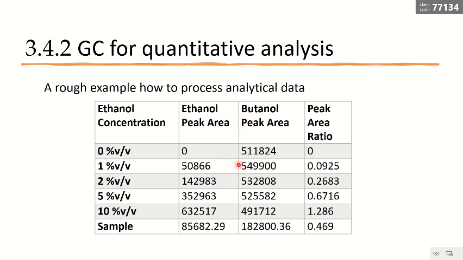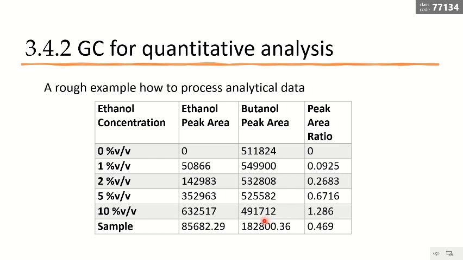With these values, I can use the ethanol one divided by the butanol one. That is the peak area ratio, right? So I can just calculate all of this peak ratio. This is the experimental data, the first up to this row.